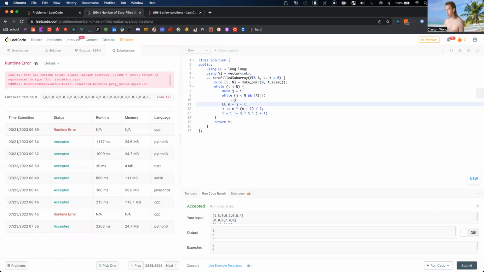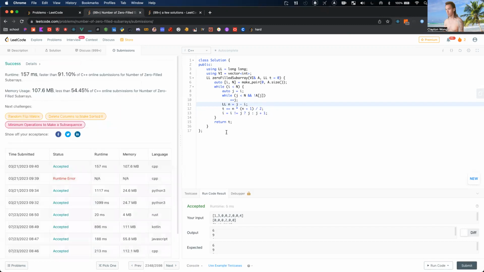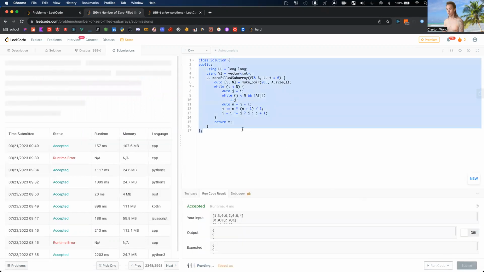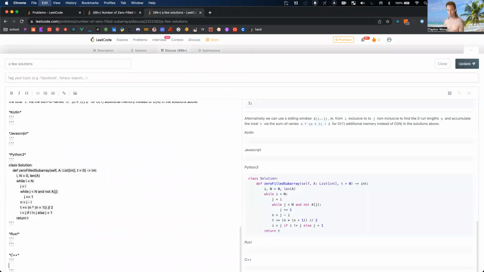Needs to be a long. Should just make this thing a long here. Be auto down here. Okay, that's cool.